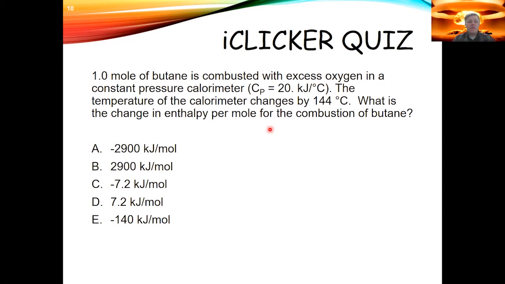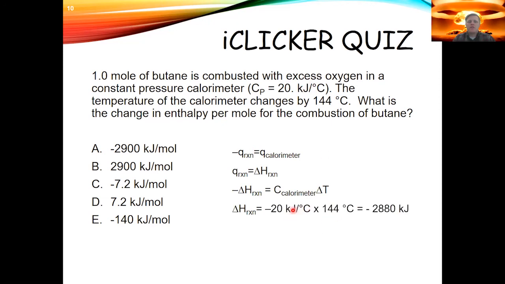All right, again, we're just going to use this equation, our negative Q of our reaction being equal to the Q of our calorimeter. Our Q of our reaction is equal to this delta H value, our change in enthalpy per mole. And our Q of our calorimeter is just equal to the C delta T of our calorimeter. So we get this equation again, and then we can just plug in our heat capacity of our calorimeter, which is 20, and our delta T, which is 144.